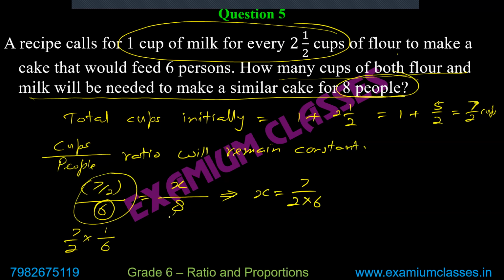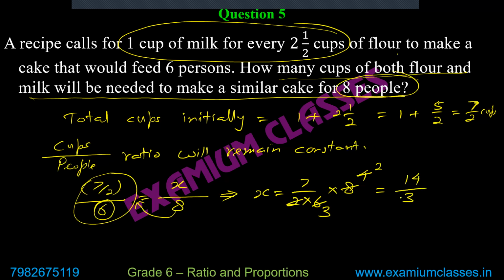Okay. And this 8 goes into the numerator. So it will be 8 here. So what do you get? 2 4s. Okay. Then you have 2 3s, 2 2s. 7 into 2, 14 divided by 3.